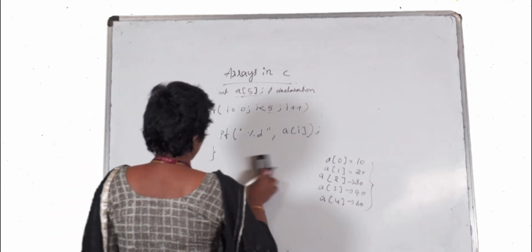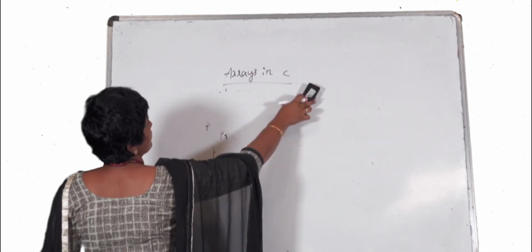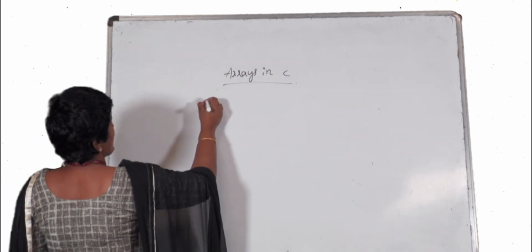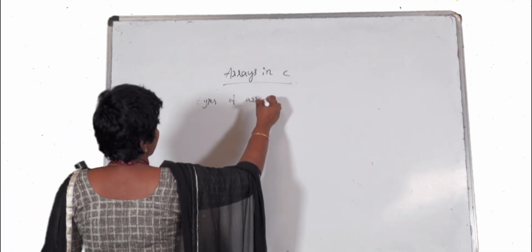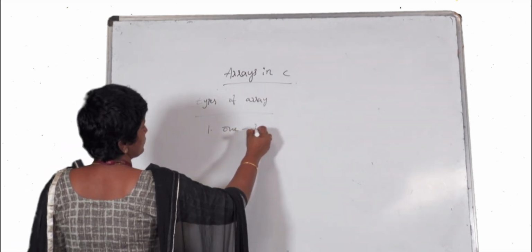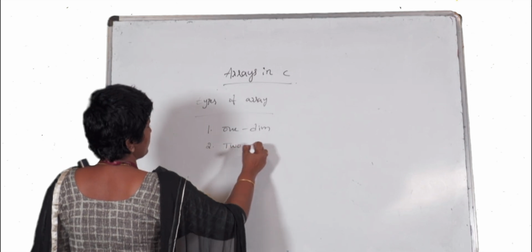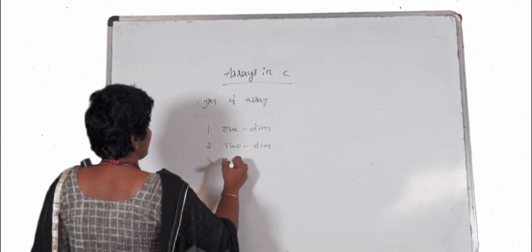So here, types of array. What are the main types of array? So types of array means one dimensional array and two-dimensional array and multi-dimensional array.